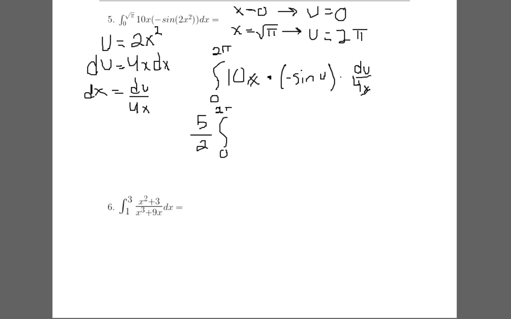So we have the 5 over 2 times the integral from 0 to 2 pi of, let's see, that would just be sine of u du. Oh, I'm sorry, there's a negative sine u du. So the antiderivative of that is just going to be cosine of u. So let's give ourselves a little bit more space.